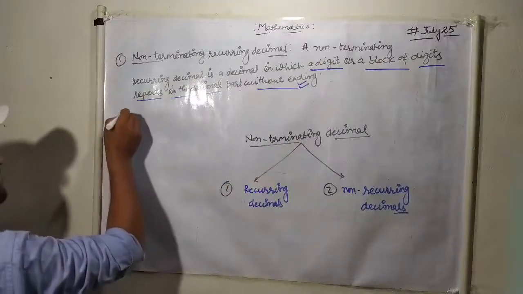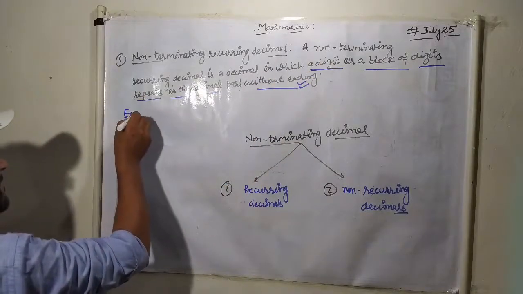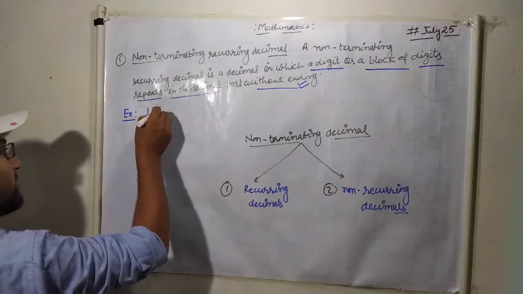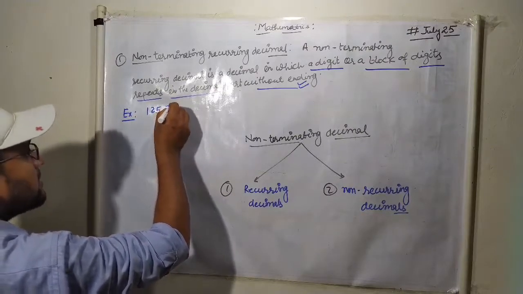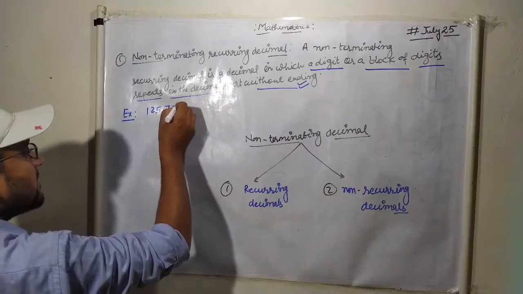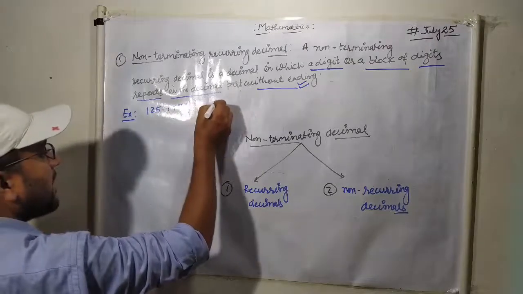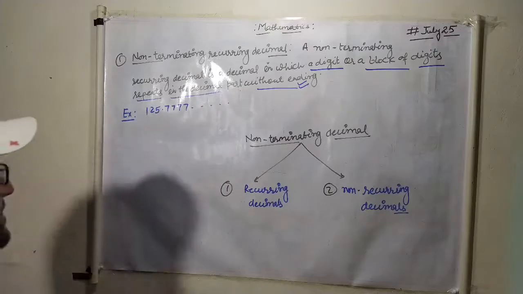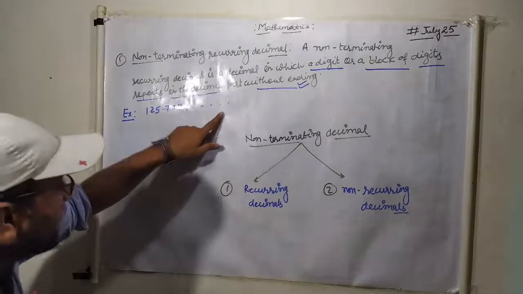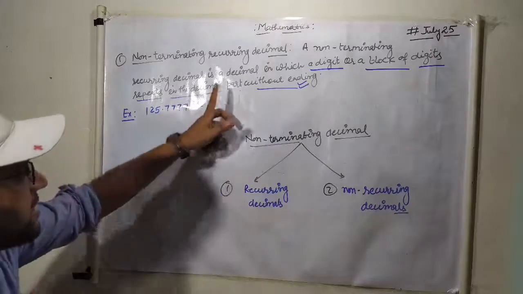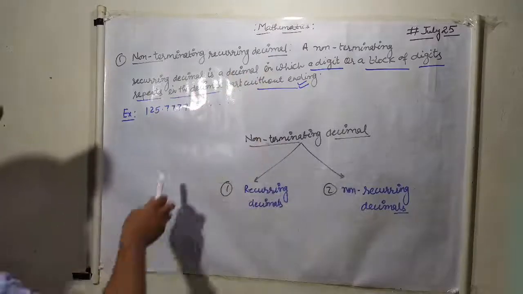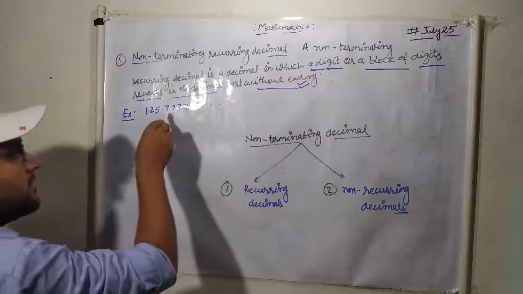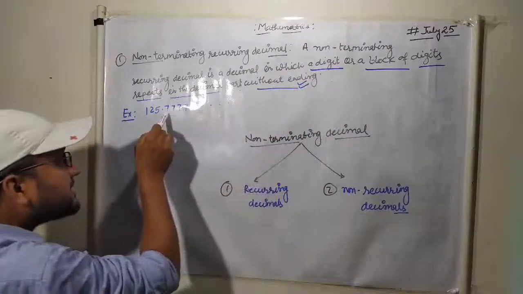For example, 125.777 and so on, means that here it is not ending, 7 keeps coming after that. Okay, 777 and so on, without ending. Here only a digit, 7, is repeating.